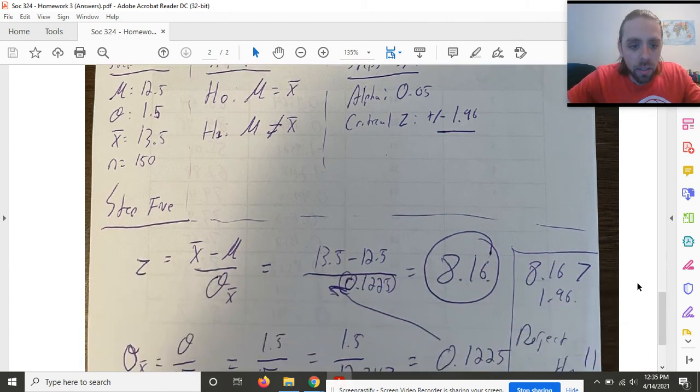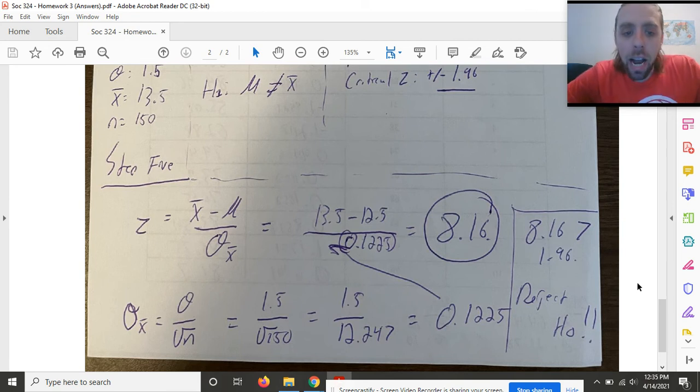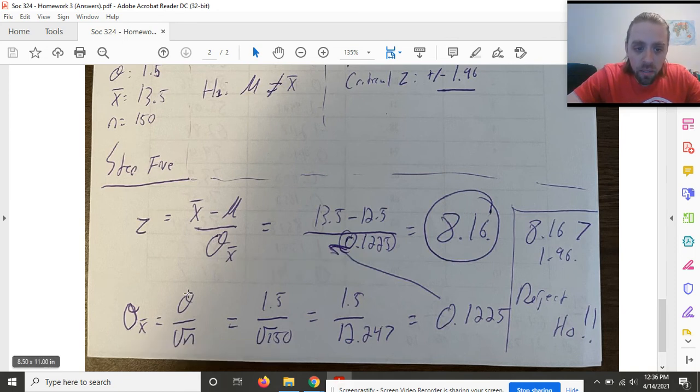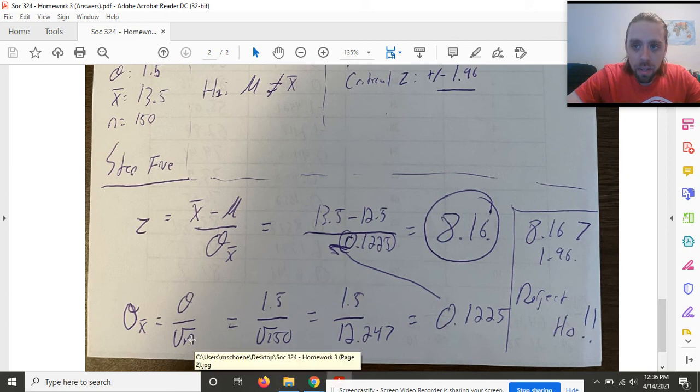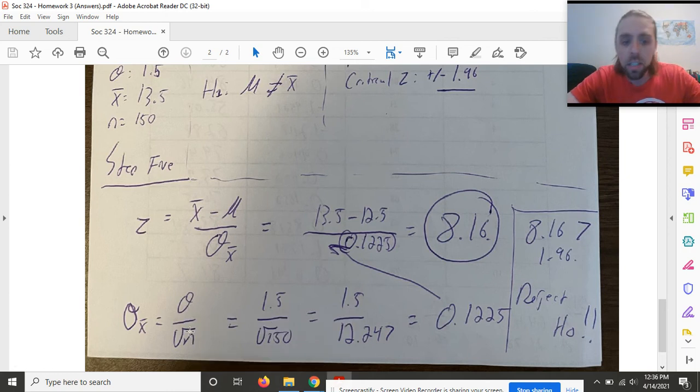All right, let's go to the videotape. Here, I will have to use the following formula. Z equals x bar minus mu over sigma x bar. That is the sample mean minus the population mean over my standard error. To get the standard error, follow my mouse here, I calculate it using sigma divided by the square root of n, the standard deviation of the population divided by the square root of the sample size.